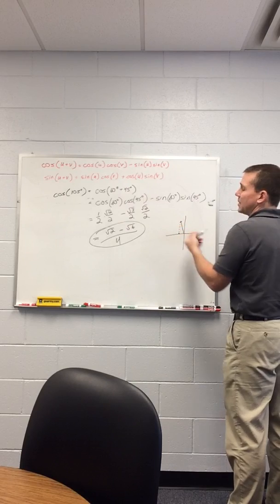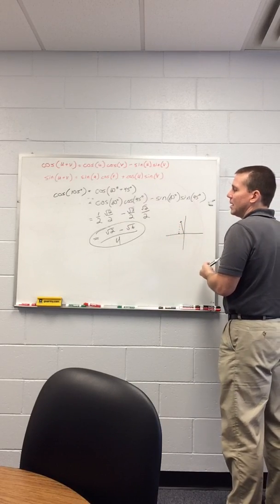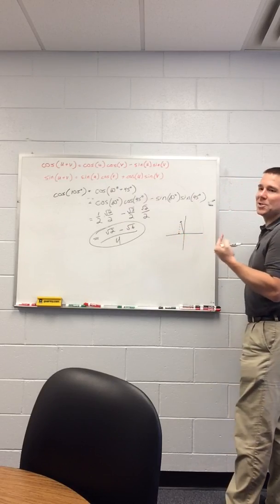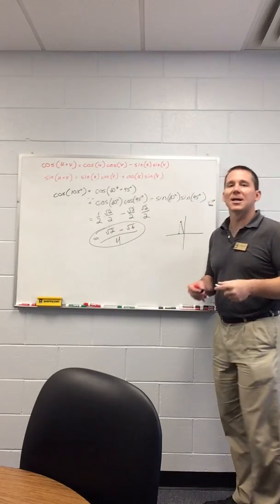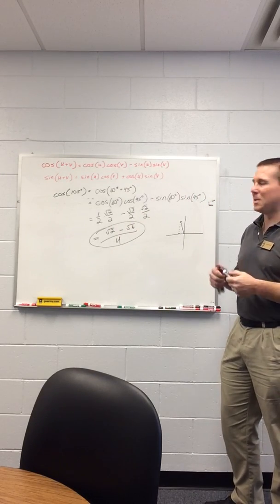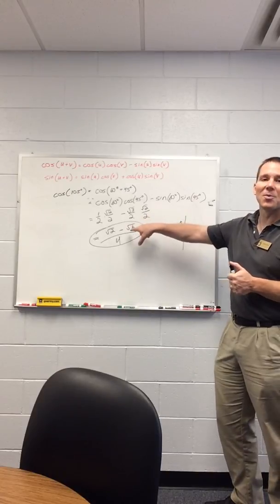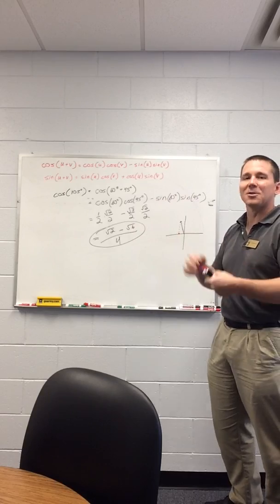In the second quadrant, cosine is the x value, it's negative. So on the unit circle, I should get a negative cosine, and when I plug it into the formula, I get a negative cosine. That makes sense, that's a good thing. And again, I reiterate one more time, this is the answer I want. I want them written like this. If you throw it into your calculator and give me a decimal, it's going to be marked wrong.